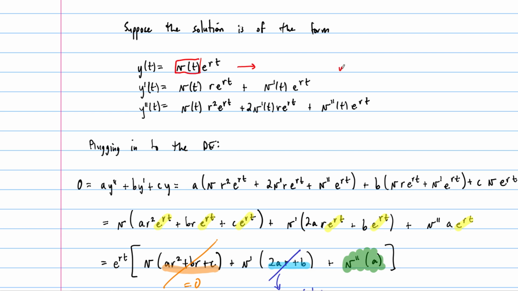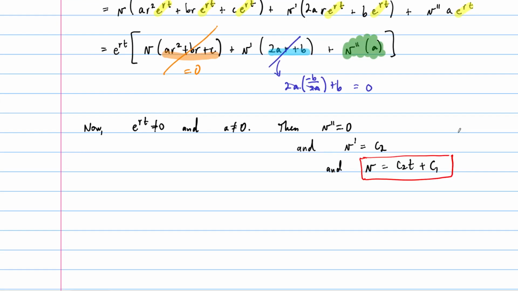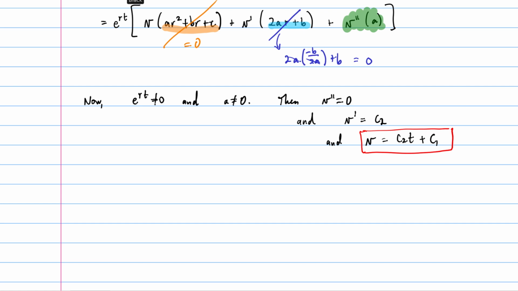What does it mean? Well, our general solution must be c2 times t plus c1, times e to the rt. Multiplying it out, here is the general solution when there are repeated roots.